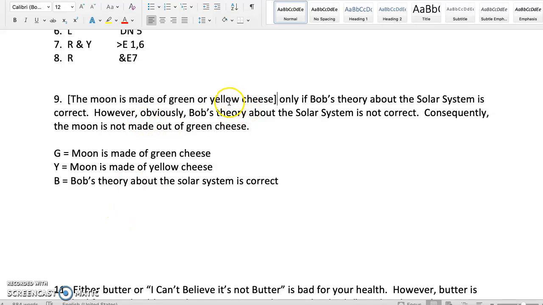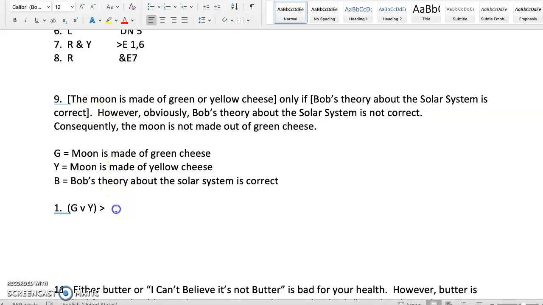The moon is made of green cheese or yellow cheese. So that's a disjunction, G or Y. And then conditional for only if. And then what comes after the only if is going to be the consequent. Bob's theory about the solar system is correct. So that's just an atomic sentence.